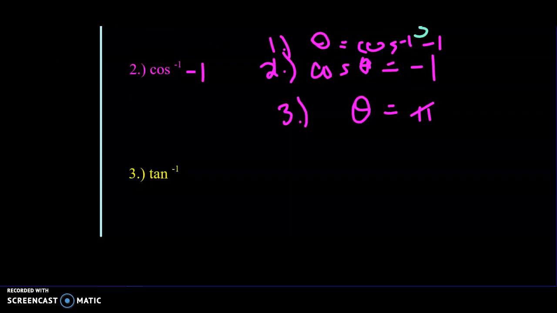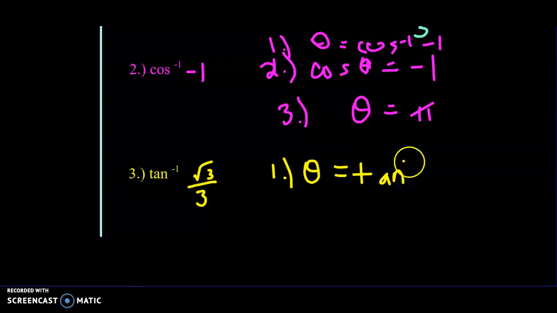So I have tangent inverse, and now I want to find the tangent inverse of square root of 3 over 3. What's the first step? So you have theta equals tangent inverse of square root of 3 over 3, right?